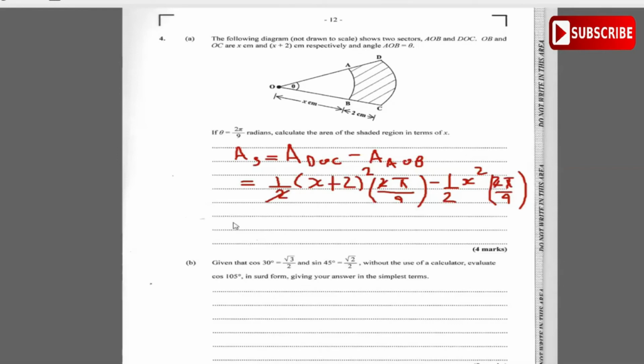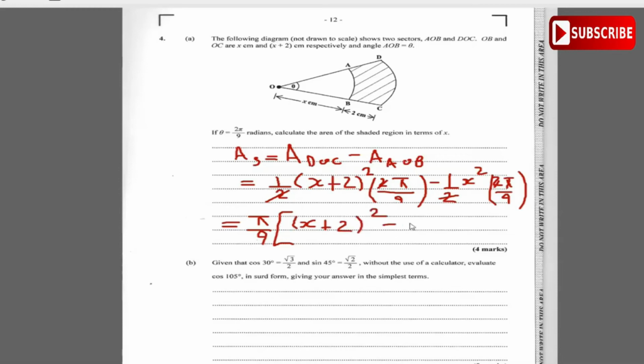So if you want to simplify it, it is equal to pi over 9 into (x plus 2) all squared minus x squared.